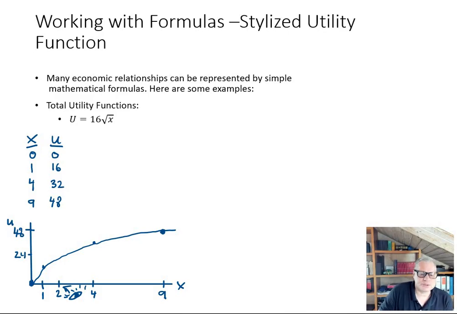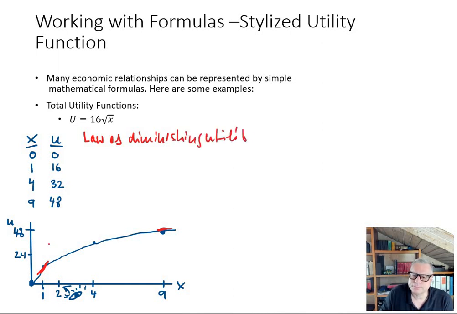So now what you can see is that initially the slope is very steep, and the more we consume, the slope is very flat. And that represents what we call the law of diminishing utility.